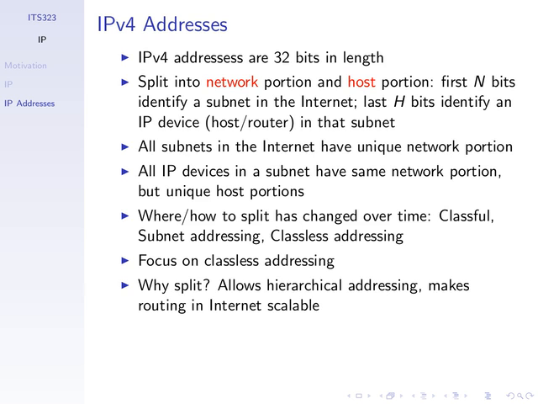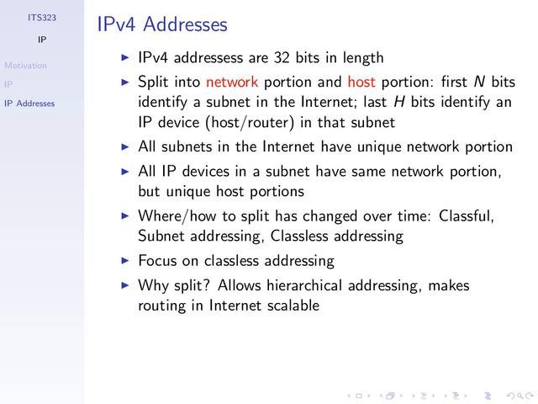Let's state the rules. All the devices in one subnet must have the same network portion. They must be all A. That's the first rule. All the devices in this subnet must be B something. All the subnets in our internet must have unique network portions.